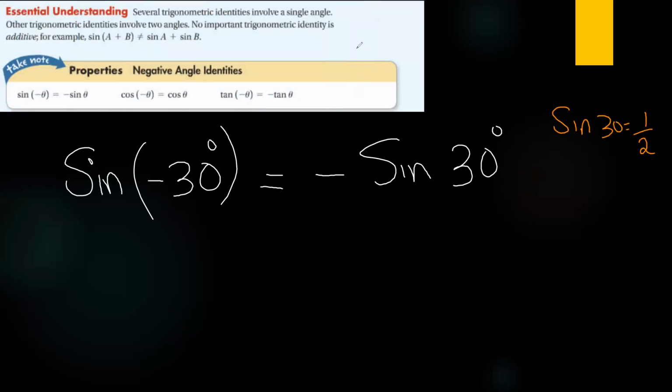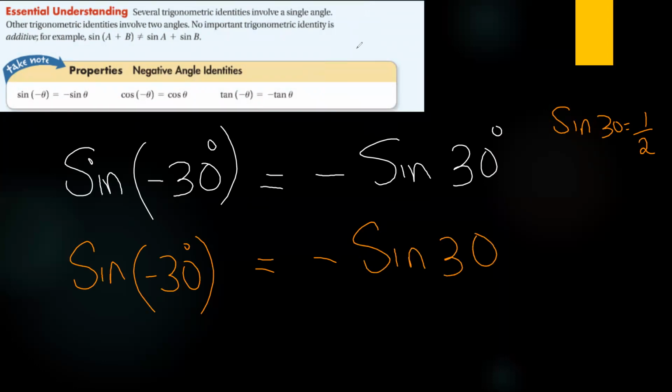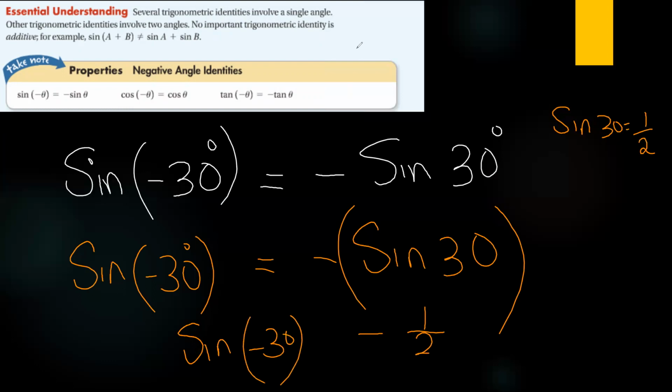So sine of negative 30 will be negative sine of 30, and sine of 30 is half, times negative. If you find it by calculator, you will find it's negative half.